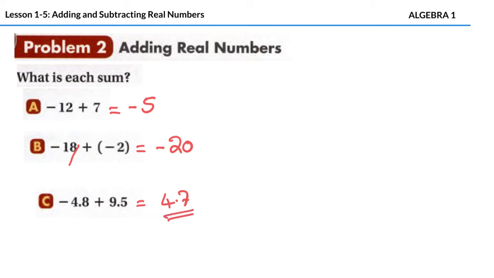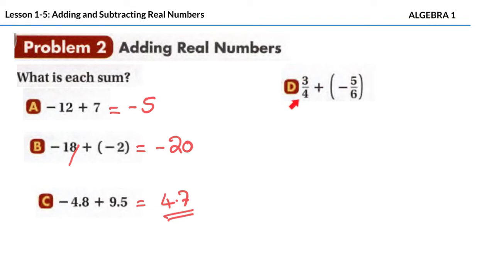Let's try another one, and that is a fraction this time. 3 over 4 plus negative 5 over 6. First and foremost thing, the two numbers added have opposite signs. So what do you do? You take the absolute values of them and you need to subtract them, correct? How do you subtract fractions? The denominators have to be the same.